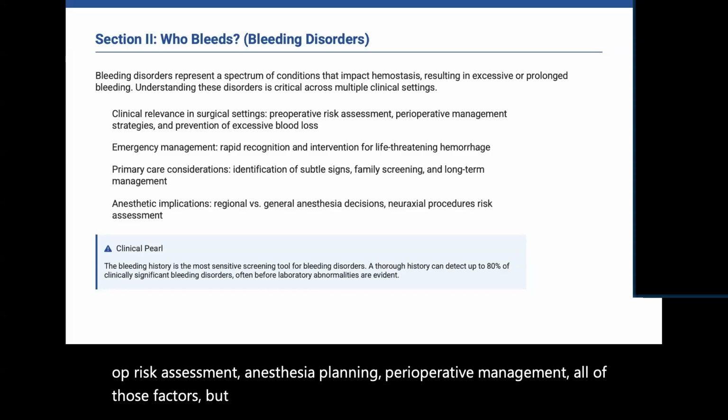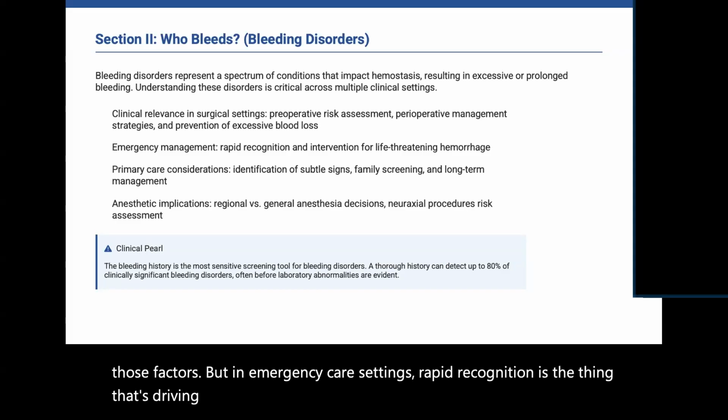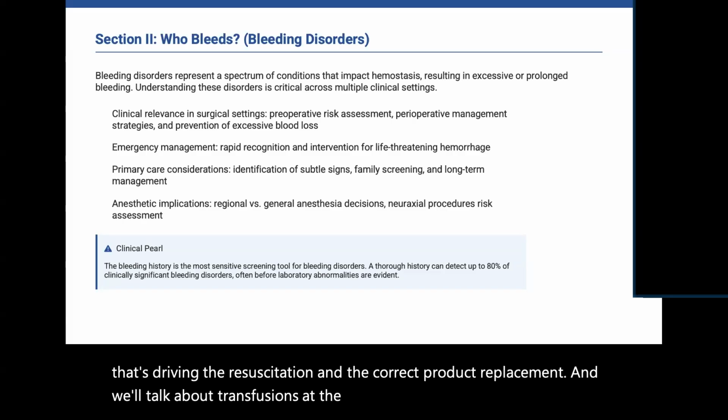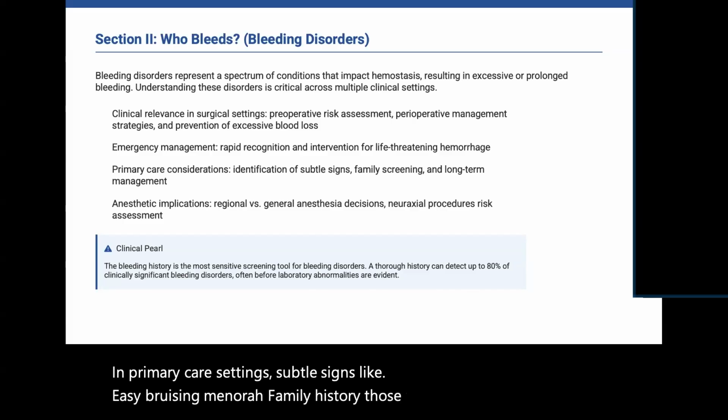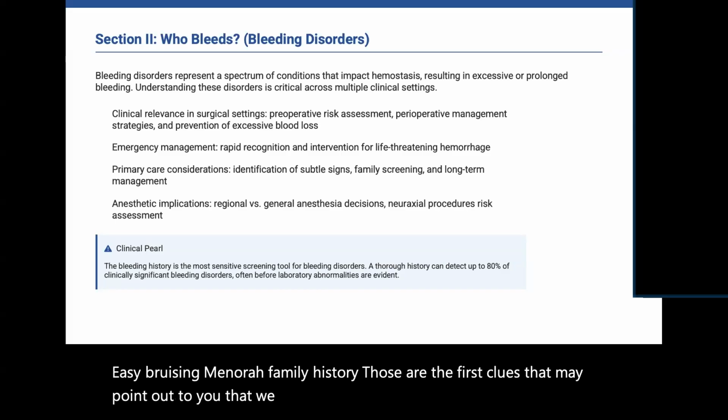But in emergency care settings, rapid recognition is what drives the resuscitation and the correct product replacement. And we'll talk about transfusions at the end. In primary care settings, subtle signs like easy bruising, menorrhagia, family history, those are the first clues that may point out to you that we have a bleeding disorder.